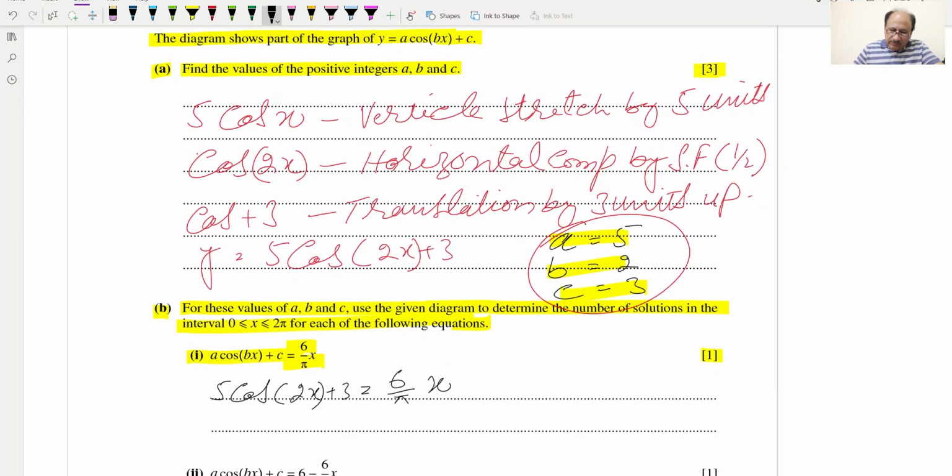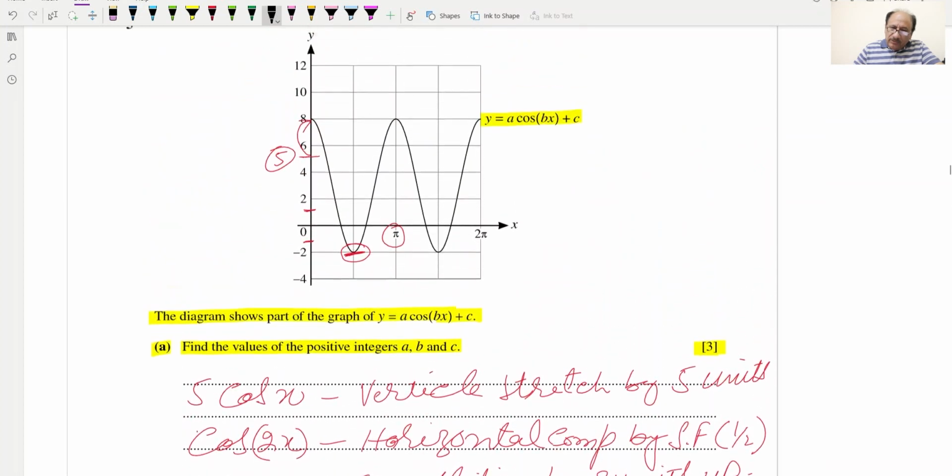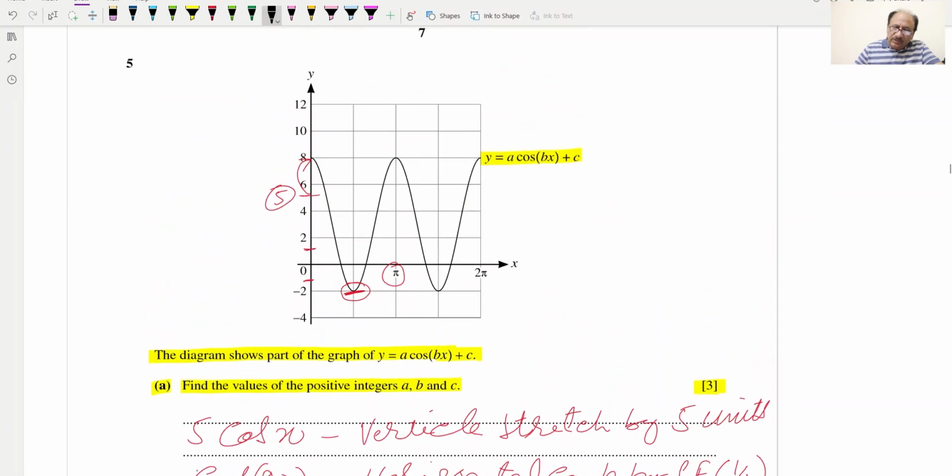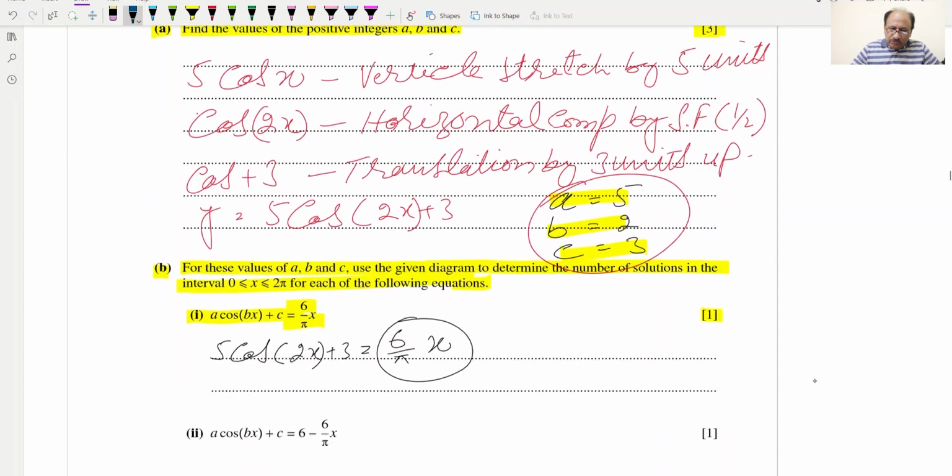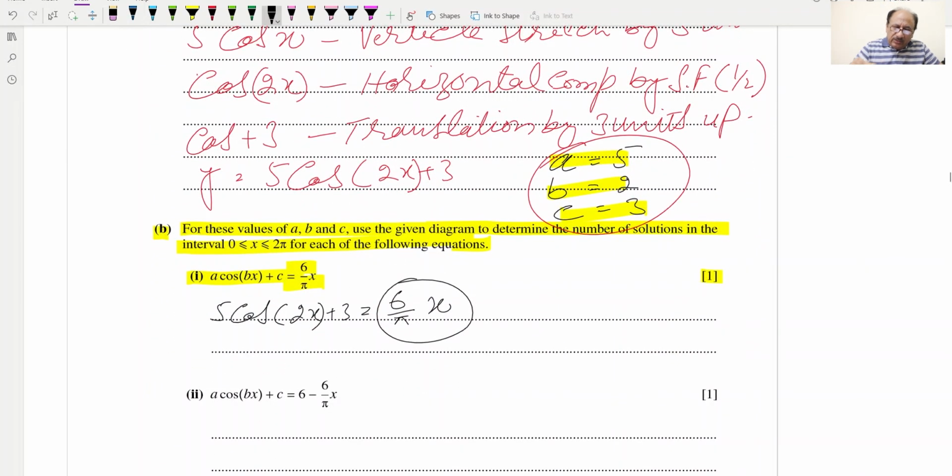So 6 over pi x will be basically at this location, this one. If I change the color and draw with the help of the scale ruler, it will be this one. So we can see there will be 3 solutions, and we can write here 3 solutions.